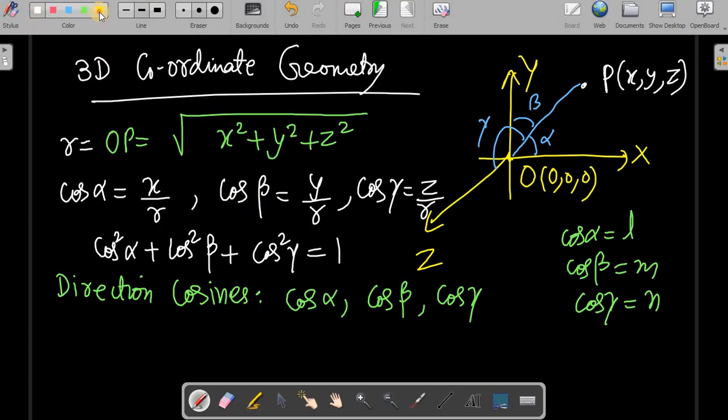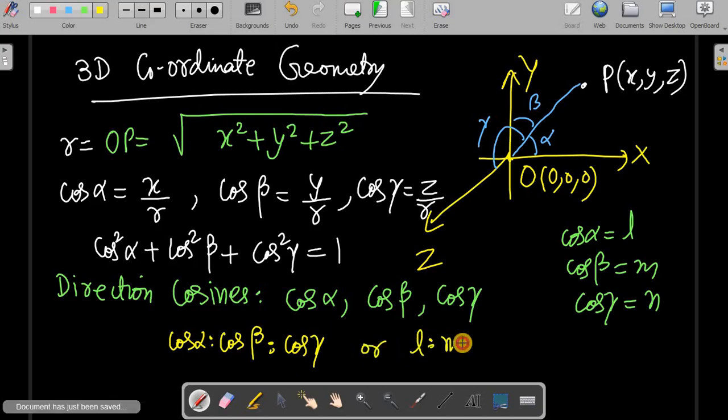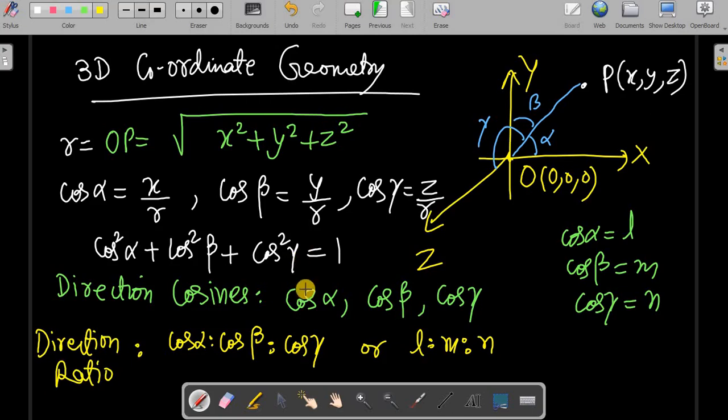Here there is no such thing as slope, but these ratios, cos alpha is to cos beta is to cos gamma, or l is to m is to n, are called direction ratios. These direction ratios act like a slope in 2-dimensional geometry.